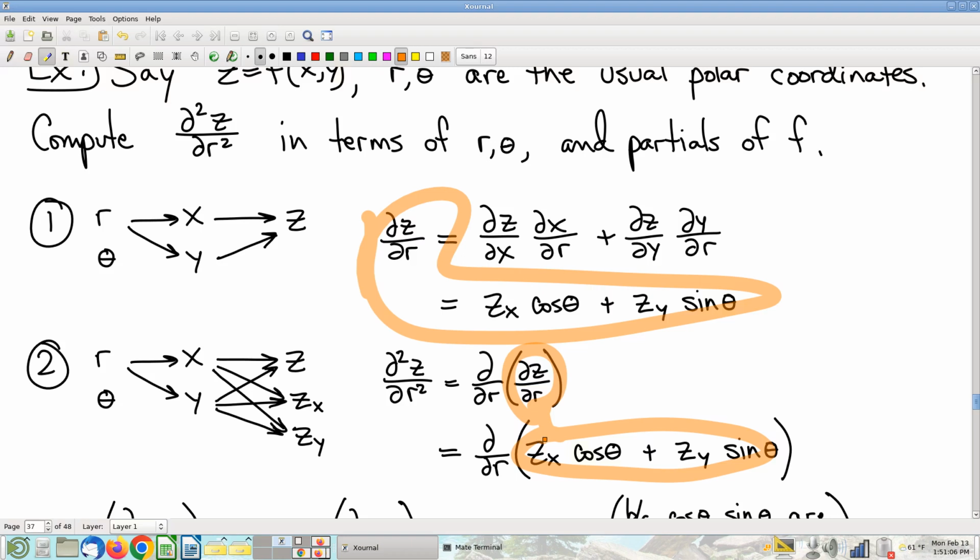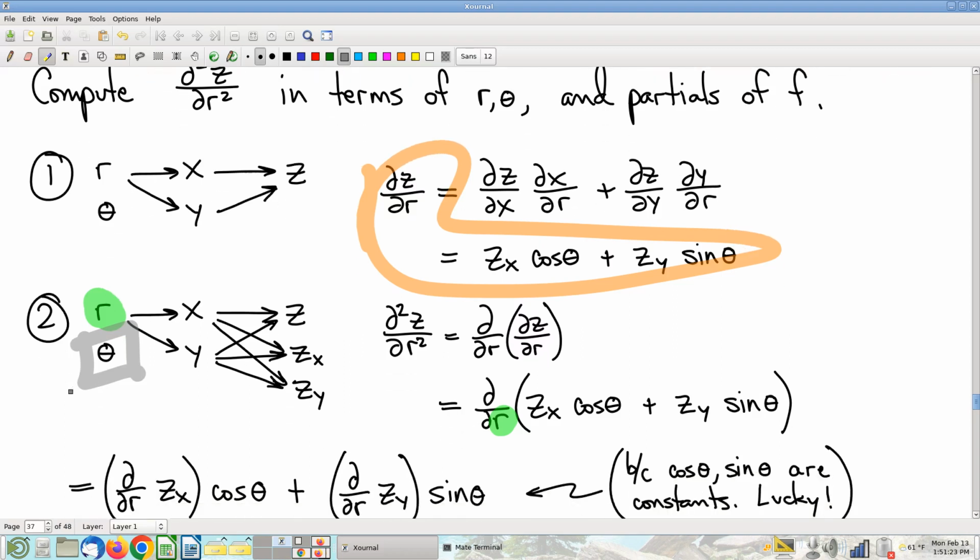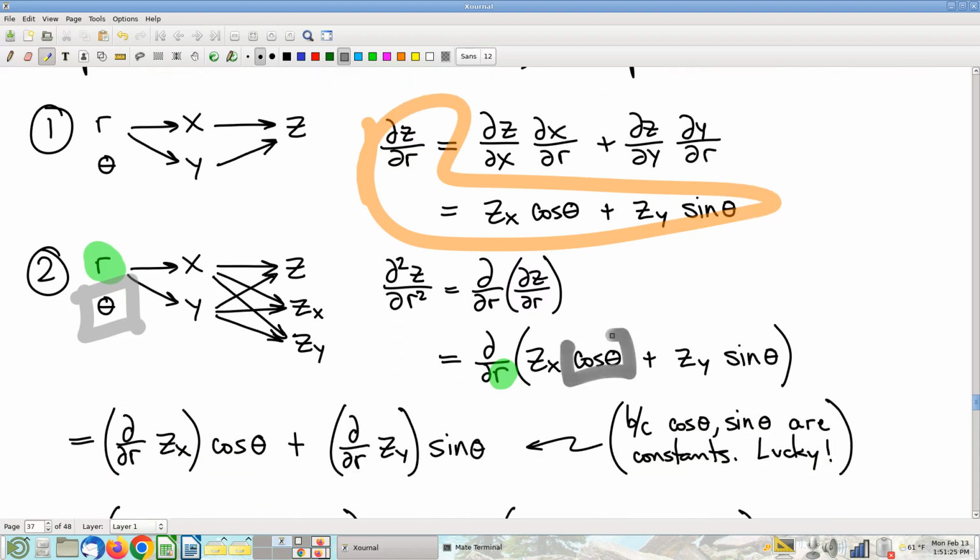And a couple of easy observations. If I'm taking a partial with respect to r, don't forget that that means theta is a constant. That's the rule for partial derivatives. All the other variables are held constant. So theta is a constant. That means cosine theta is a constant. Sine theta is a constant. And so I can factor out those constants right there. Is everybody with me so far?